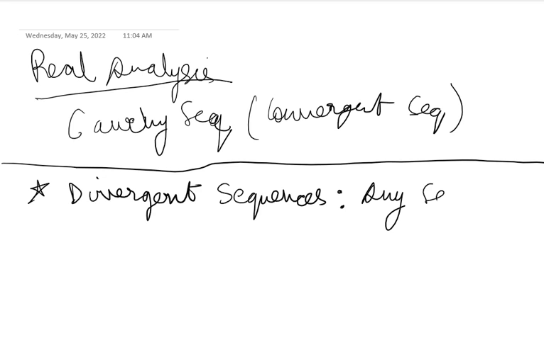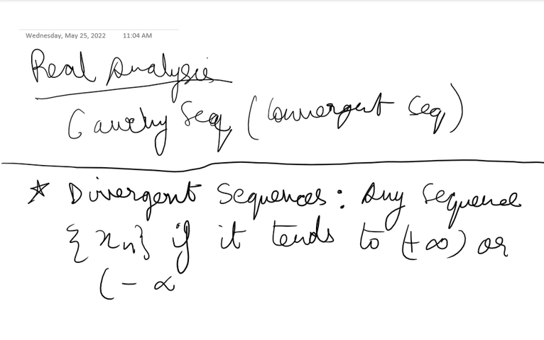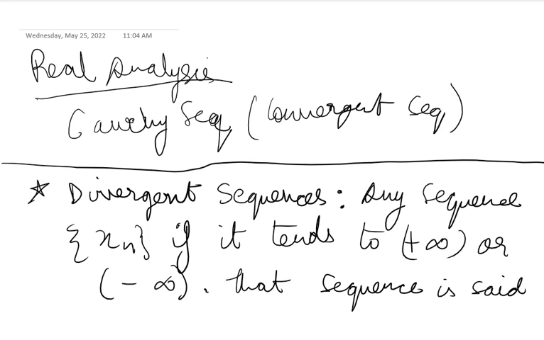Any sequence xn, if it tends to positive infinity or negative infinity, that sequence is said to diverge.